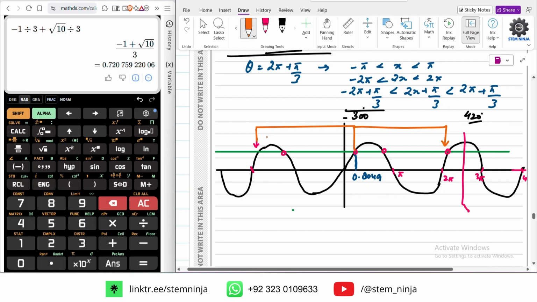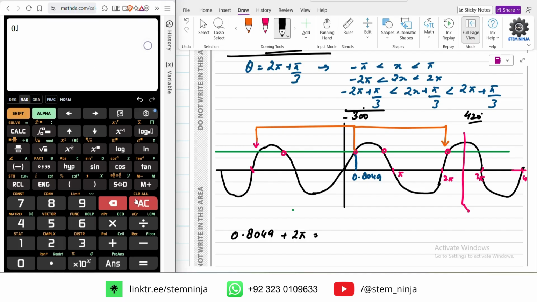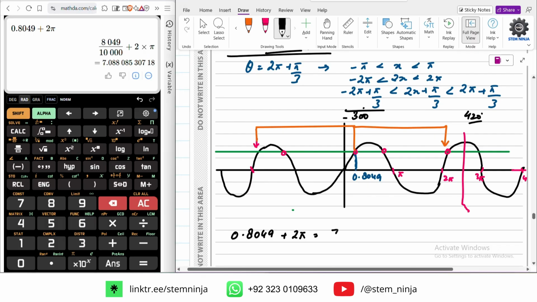So first let's do this and see what we get. 0.8049 plus 2 pi is 7.088.